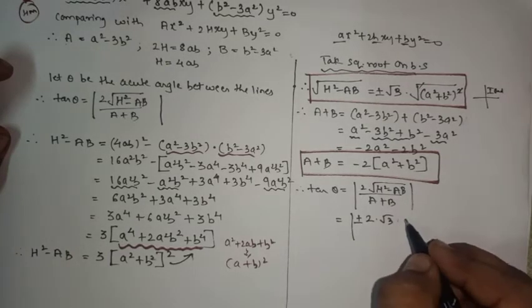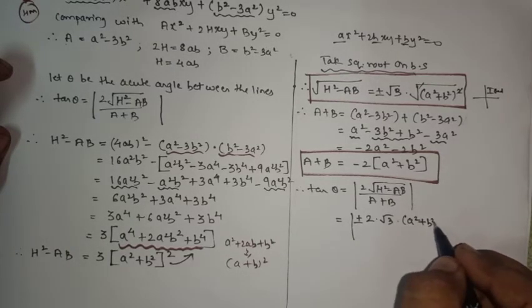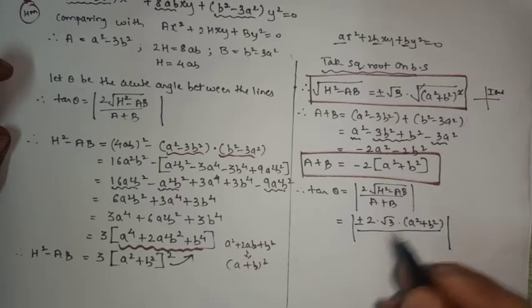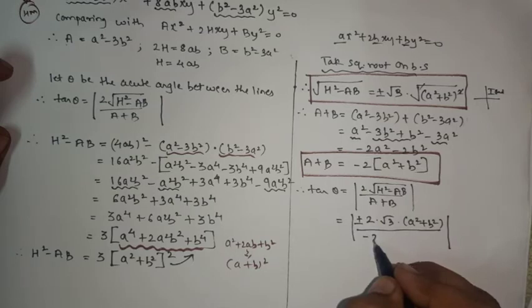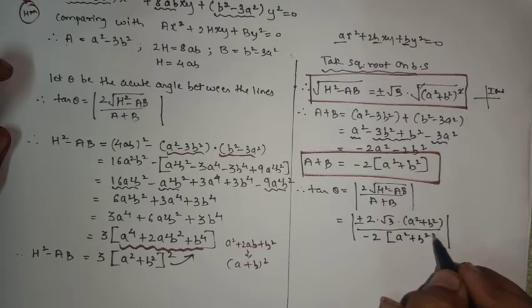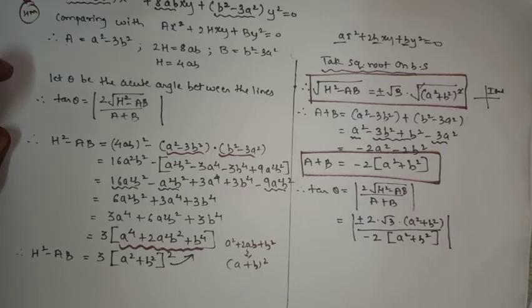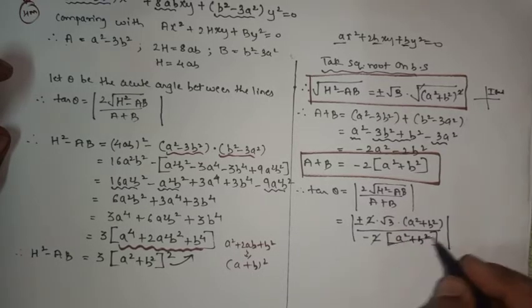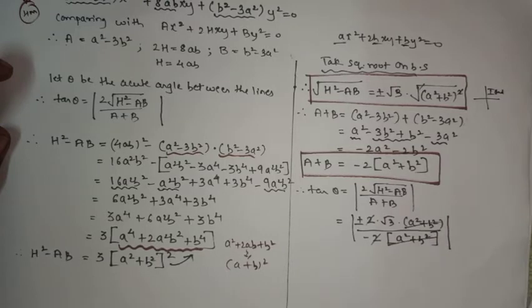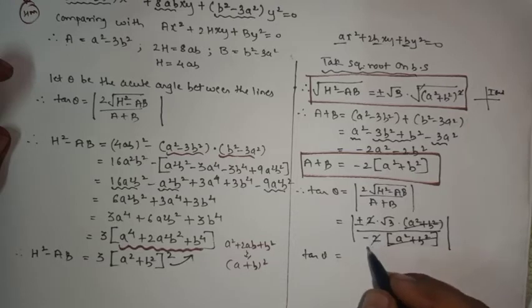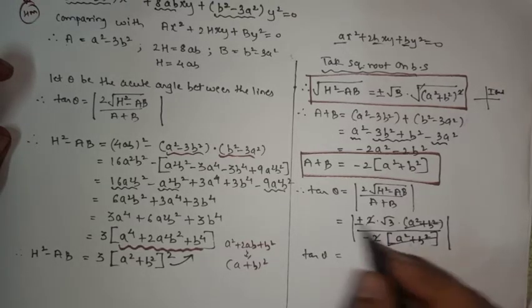So here you will get a square plus b square upon a plus b, which is minus 2 times (a square plus b square). Done. After this, can I say they get cancelled? Here a square plus b square are the same. So tan theta will be equal to plus minus mod of root 3, and it is in mod.